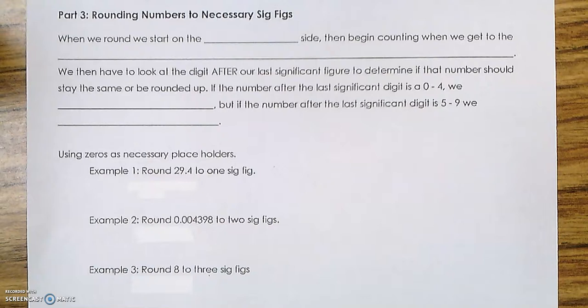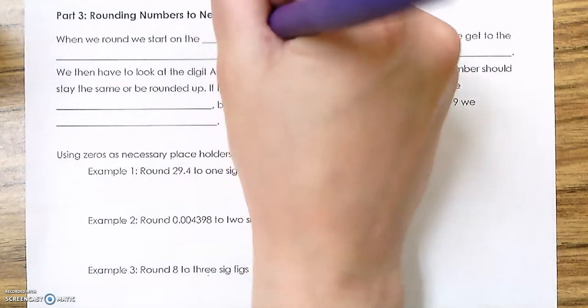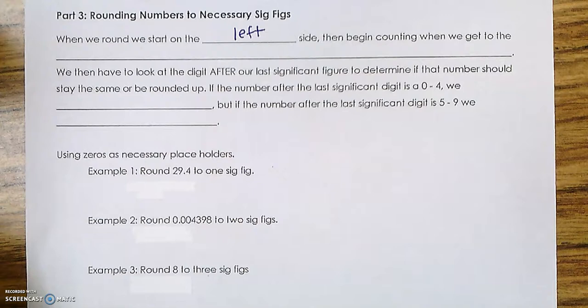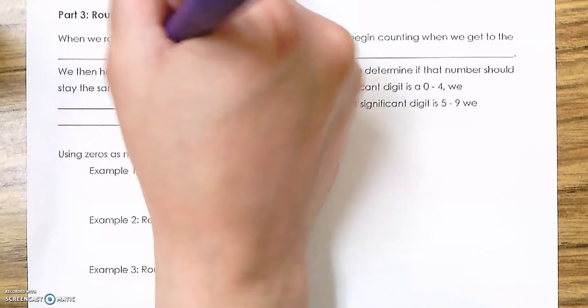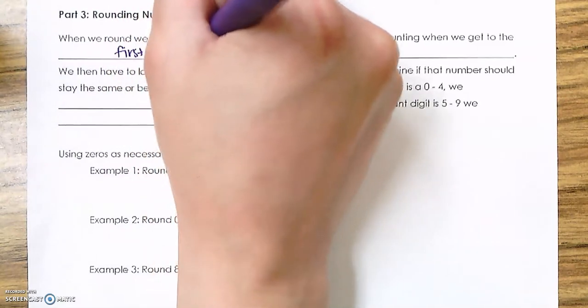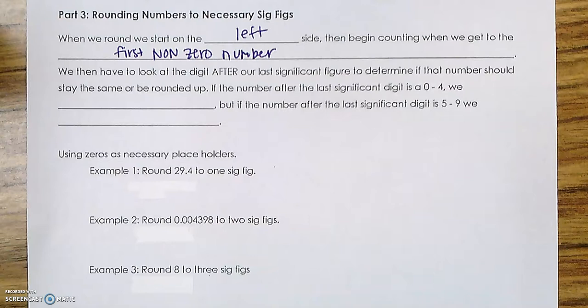So when we round, we start on the left side of the number, and then begin counting when we get to the first non-zero number. This is kind of like the Pacific side when our decimal is present. It's that same idea, except this time we're going to count the sig figs to see what we need to round.